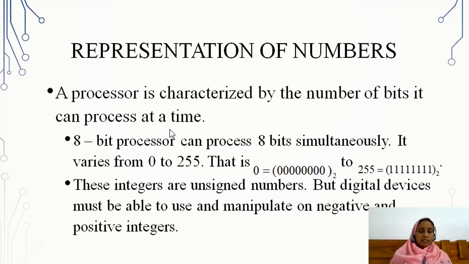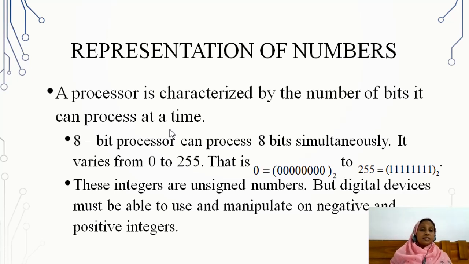So in the case of an 8-bit processor, it can represent 0 to 255. In this case, 0 is represented by 8 bits of zeros and 255 by 8 bits of ones.